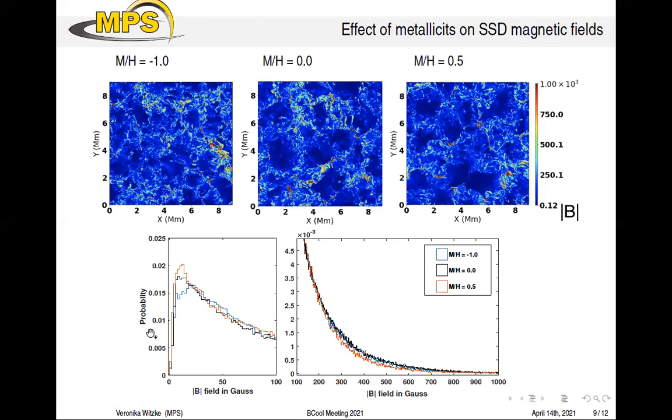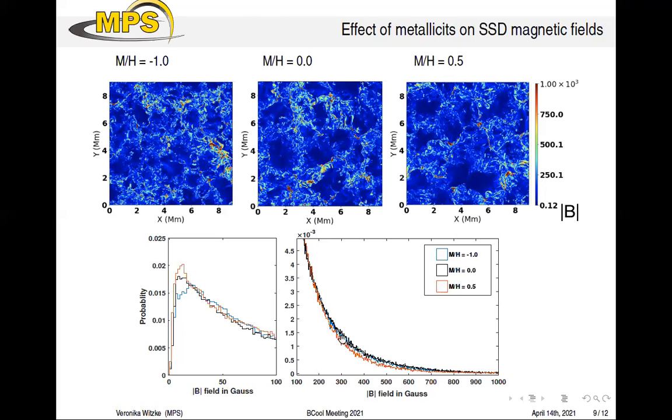If you look at the distribution of the magnetic fields in these three cases at the surface, time averaged, where I'm taking many cubes over several hours, you can see that the distribution for the low metallicity star peaks at higher magnetic field strength than the two other cases, the solar metallicity and the higher metallicity.